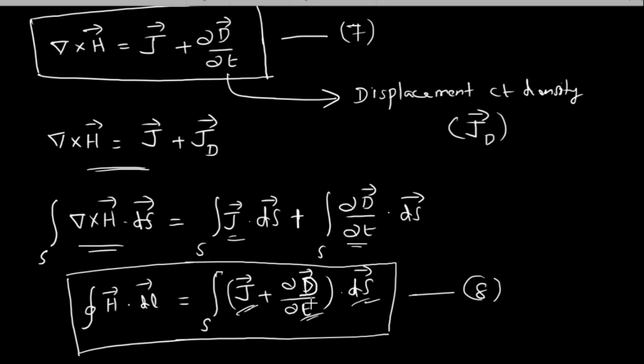So this is how you can evaluate magnetomotive force. The integral form of Maxwell's equation tells us that we can evaluate the induced MMF, that is magnetomotive force, if we are aware of the total surface area as well as the conduction and displacement current densities.